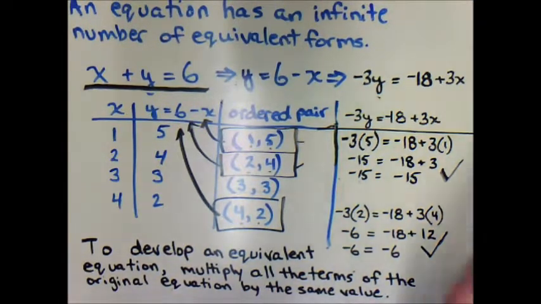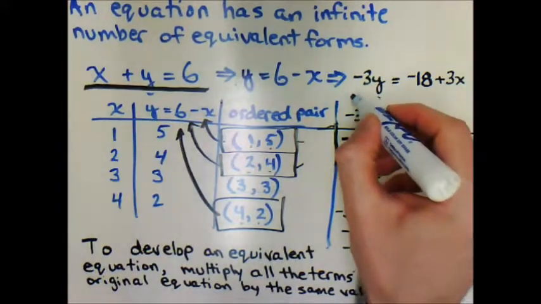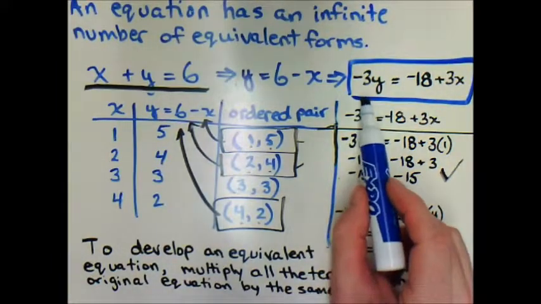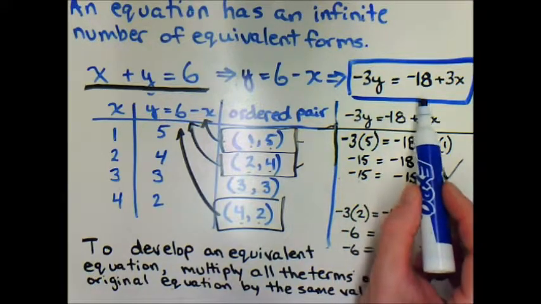Could I multiply by a fraction? Yes, I could. Multiplying by a fraction is the same as dividing. So I could actually divide every term by the same value, and I would still get an equivalent equation. And that becomes very helpful if you start with something like this. You don't want to work with an equation like negative 3y equals negative 18 plus 3x.